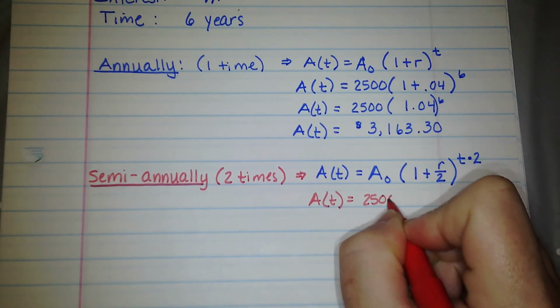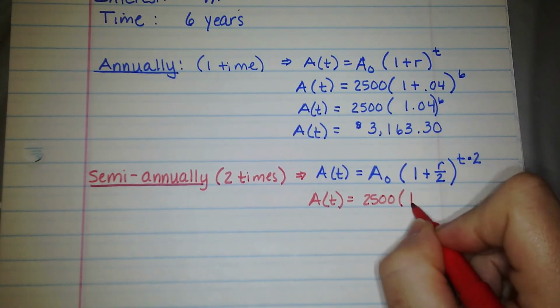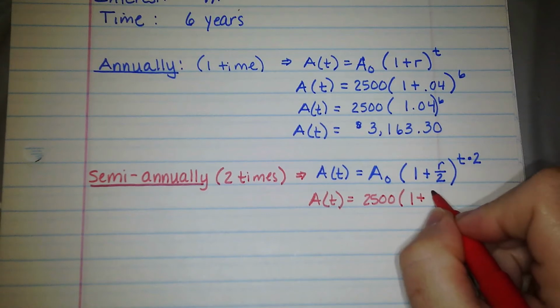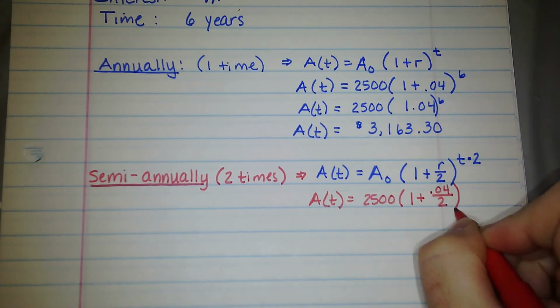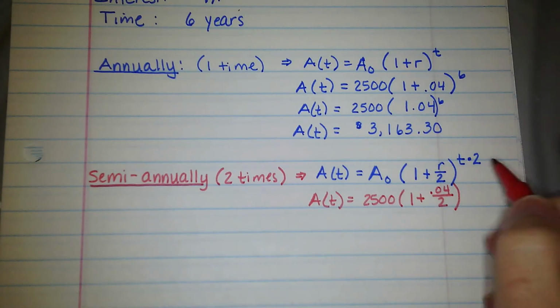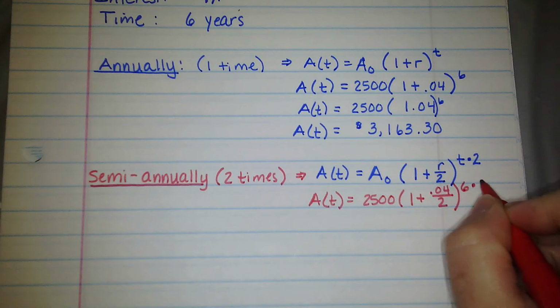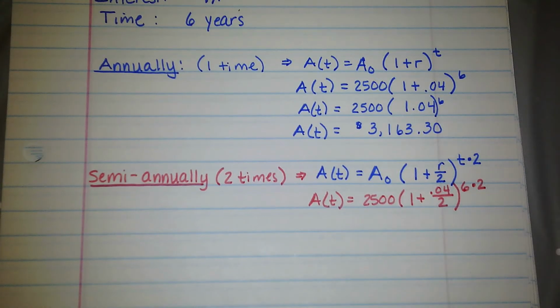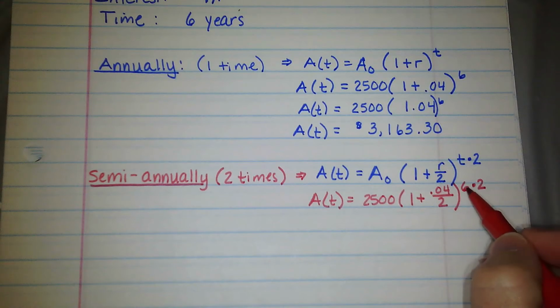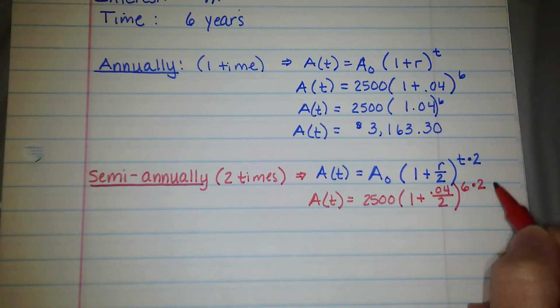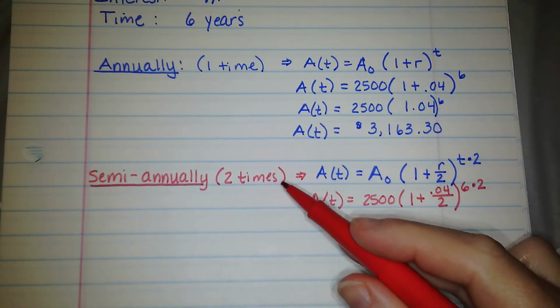So 2,500 is what we're starting with. 1 plus, our rate is 0.04, but we're going to divide it by 2, because semi-annually means 2 times. And then we still want 6 years, but we're going to multiply that by 2. So instead of it happening 6 times, it's actually going to happen 12 times because we're doing it twice as often.